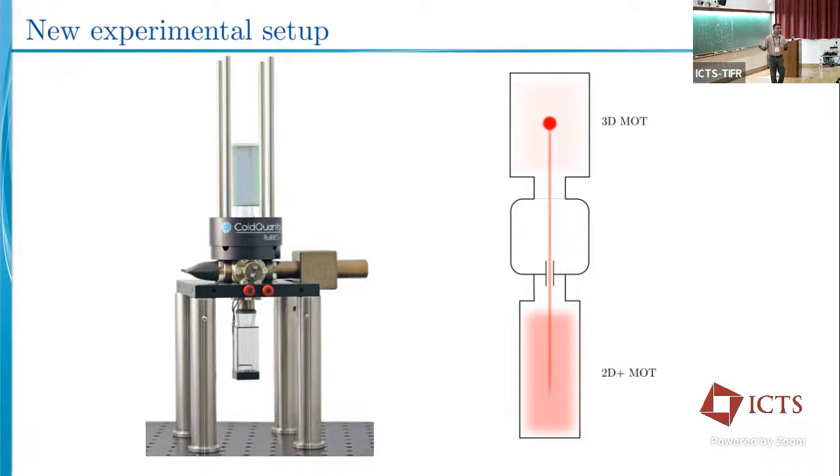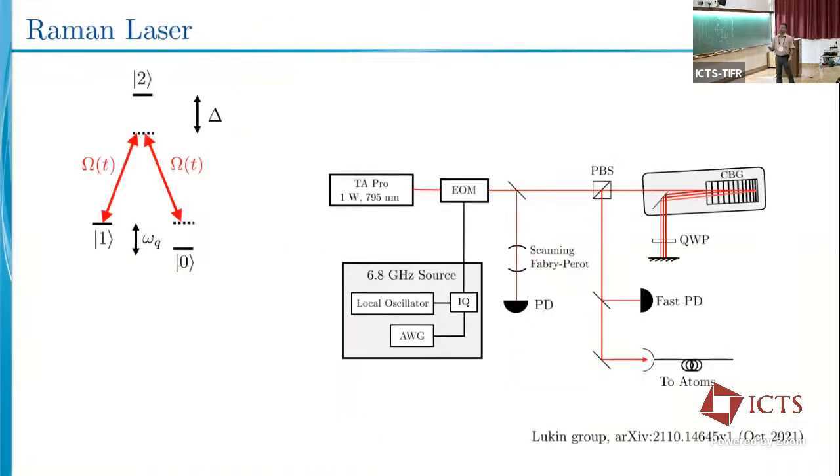This 3D MOT will be transferred to the optical tweezers array. We are making an optical tweezers array. They will hold the atoms, but my one student has done a lot of calculation on how to remove the extra atom from each optical tweezer. That we are doing. In between, we are also preparing the Raman layer.